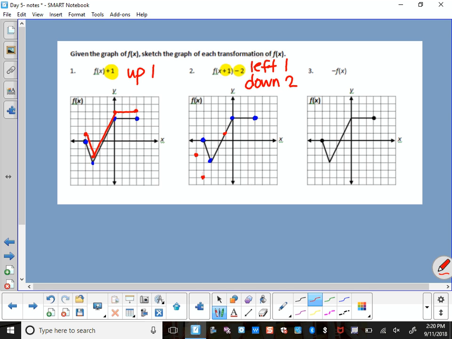Left 1, down 2. Left 1, down 2. And then I'm going to connect. My lines are a little off. Because positive 1 inside the parentheses.